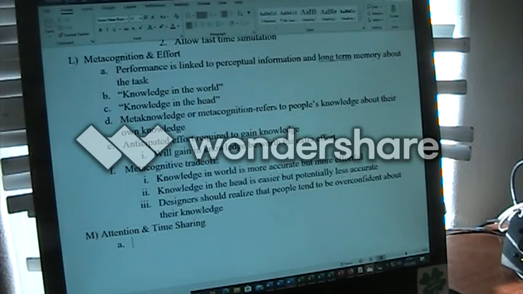All right, so we've talked about attention before, and attention, of course, is acquiring knowledge from the environment.